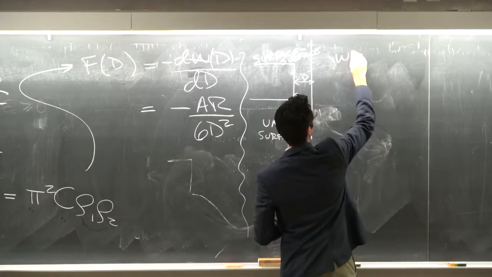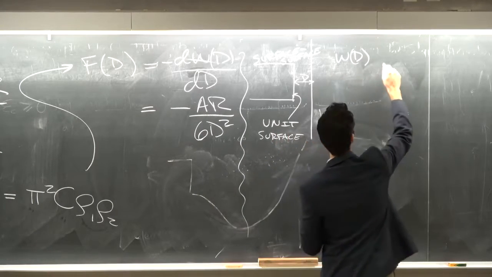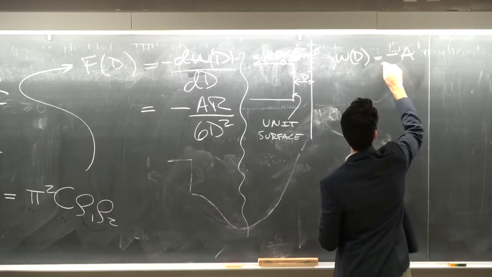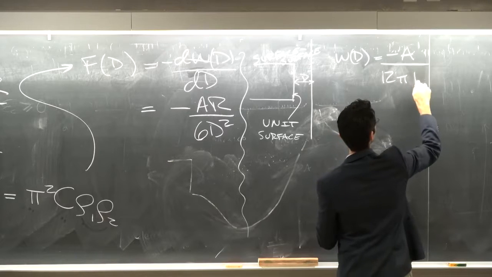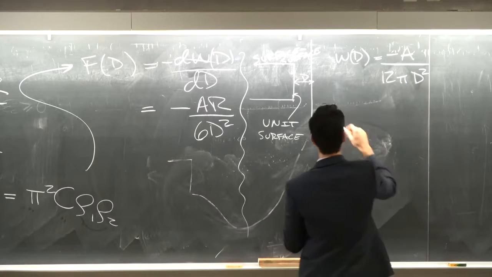In this case, we have W(D) equals minus A over 12 pi D squared.